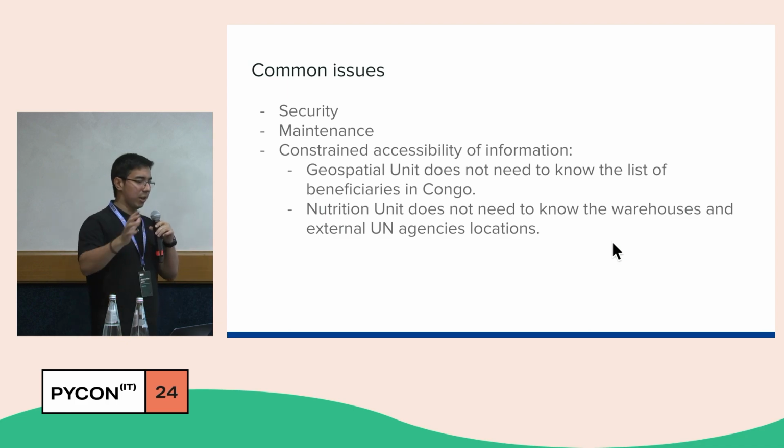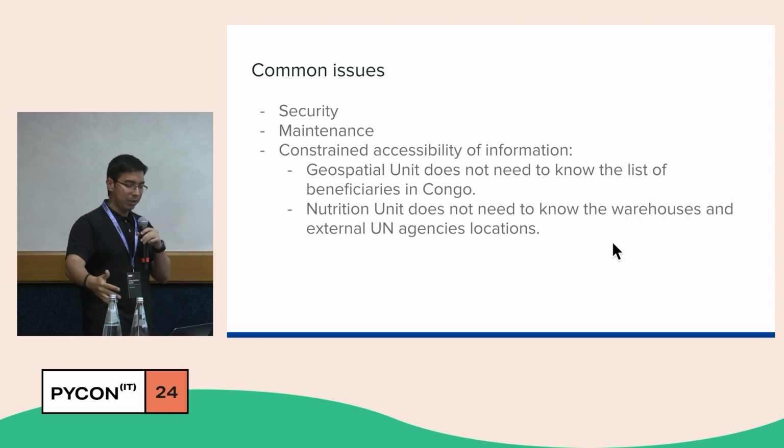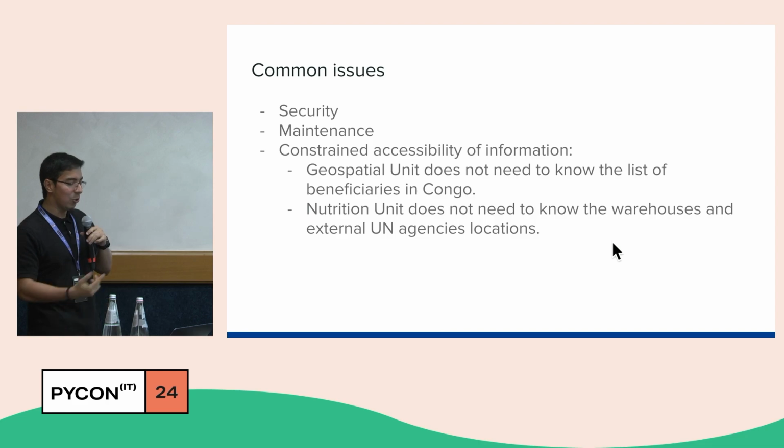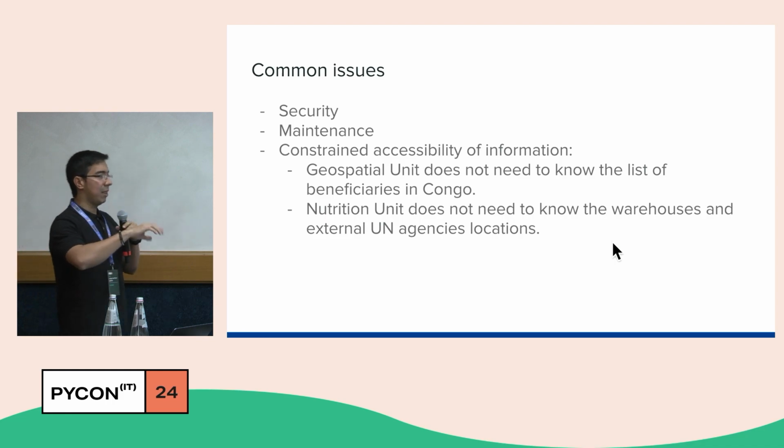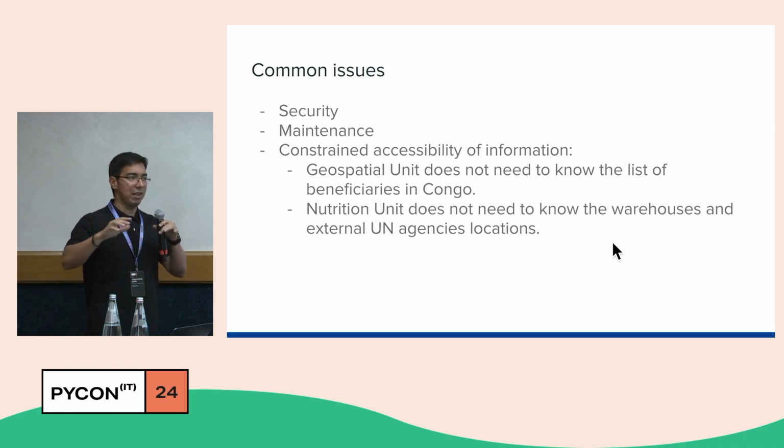Sometimes in the organization we have multiple divisions and units. I work in the geospatial unit, and as a geospatial unit, I don't need to know the list of beneficiaries in a given country. That's another division's concern. However, if you implement single sign-on with LDAP authentication, all the users can access all the possible resources that we don't necessarily need.